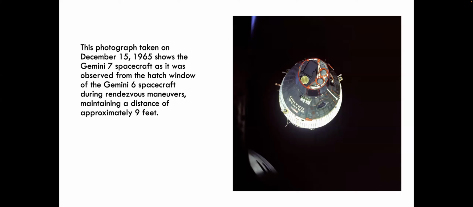There was support around the world, and they were actually able to do that. And then very, very importantly, they were able to fly in a rendezvous position at a distance of 9 feet for a couple of hours. Absolutely breathtaking science.